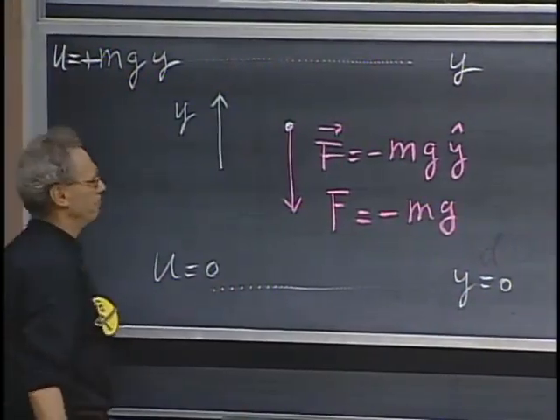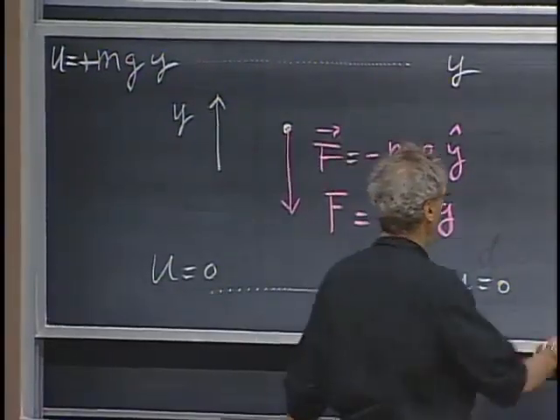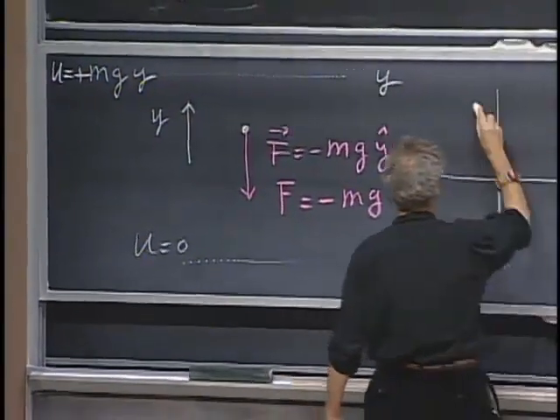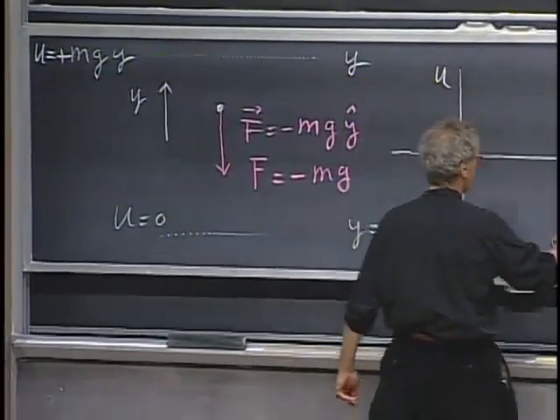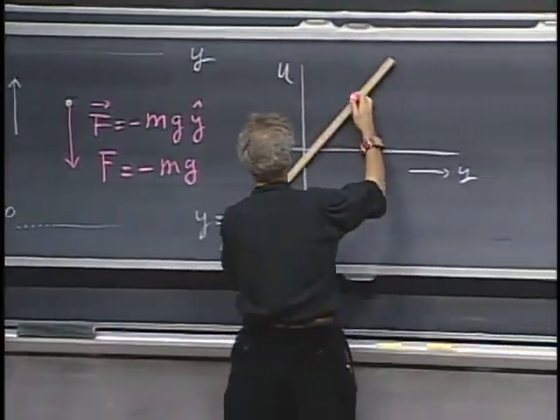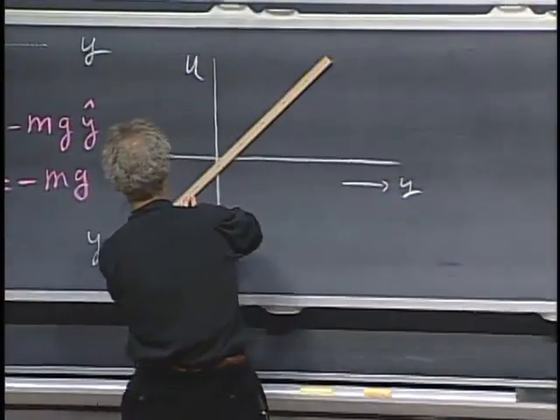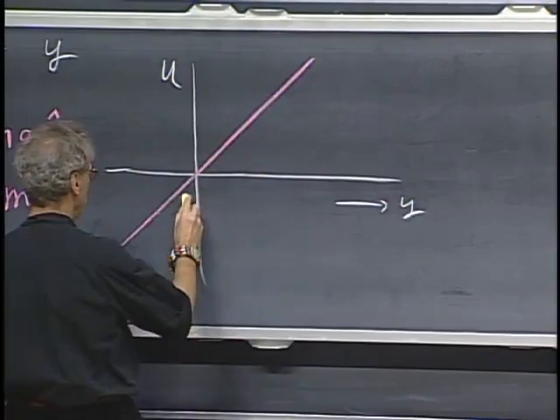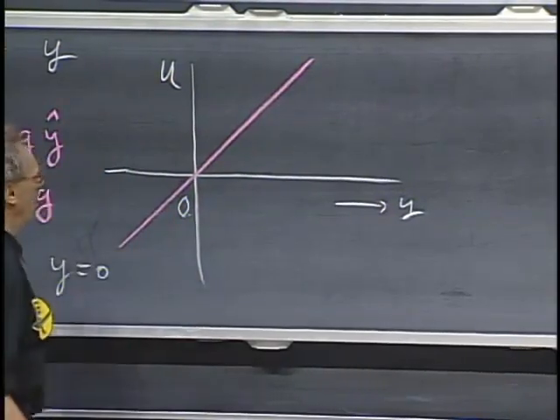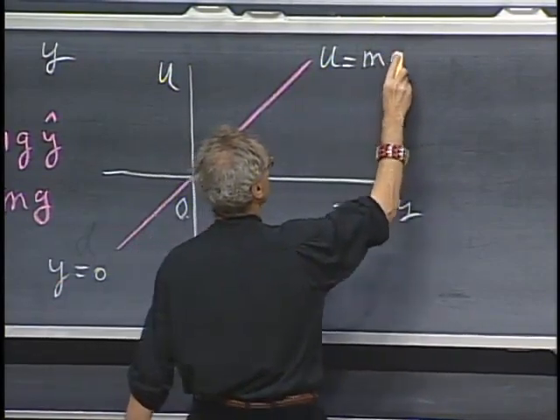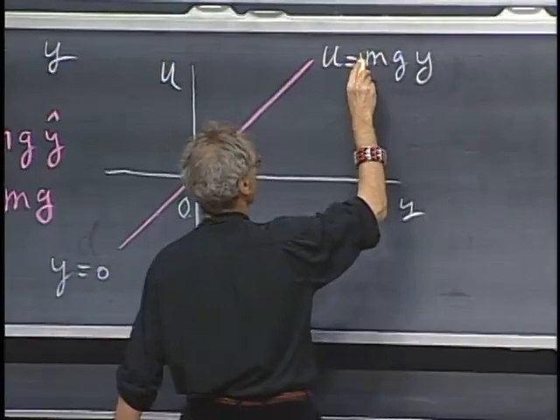This is U. So if I make a plot of the gravitational potential energy as a function of y, then I would get a straight line. This is 0. So U equals mgy, the plus sign.